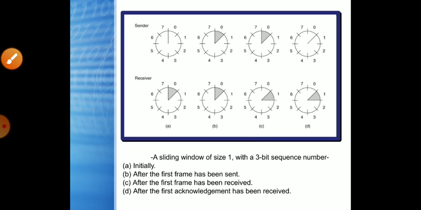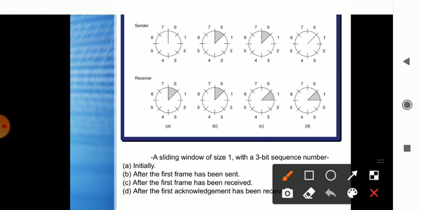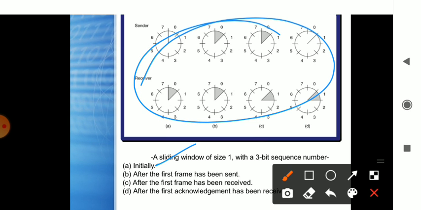Sliding window is there in all aspects, not only one. With the 3-bit sequence number, it mainly initializes the information. First the frame will be sent, the frame is received, and afterwards it should also receive the acknowledgement.